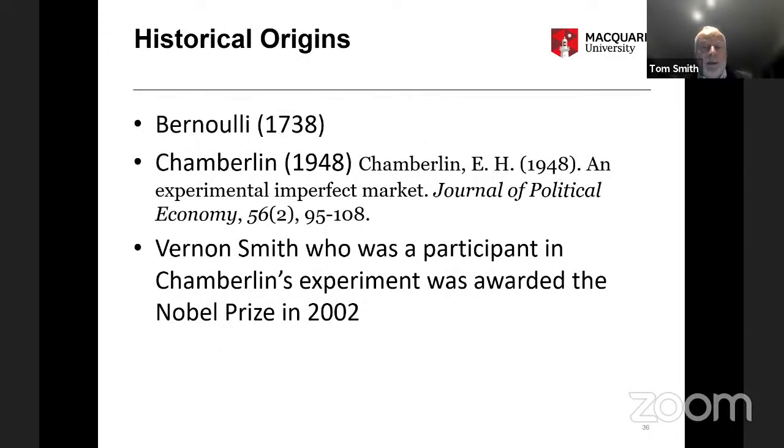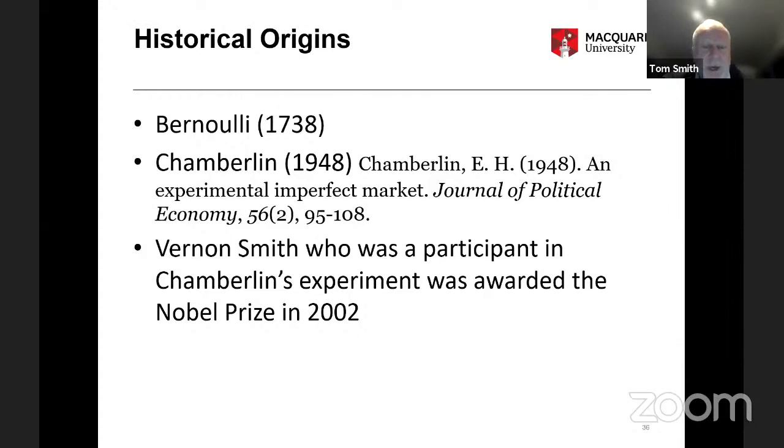It helps to understand historical origins. Experiments trace right back to Bernoulli in 1738. Chamberlain is a very important figure in the history of modern experiments. He published a study in 1948 in the Journal of Political Economy, which is one of the big majors.